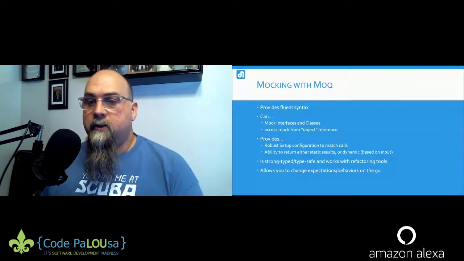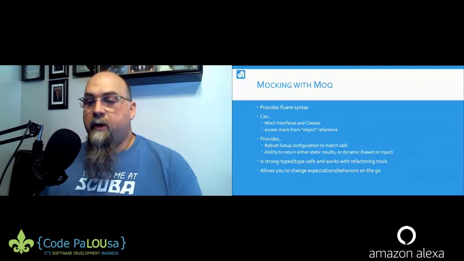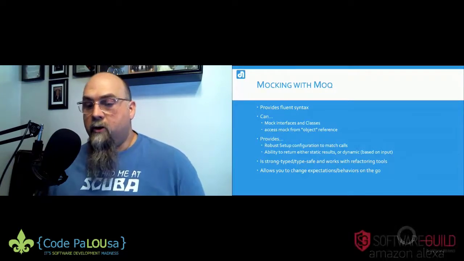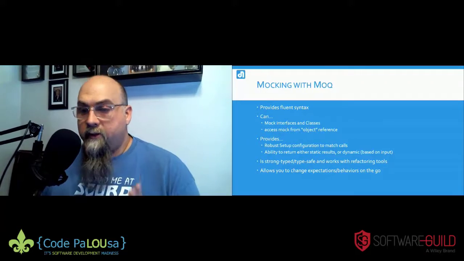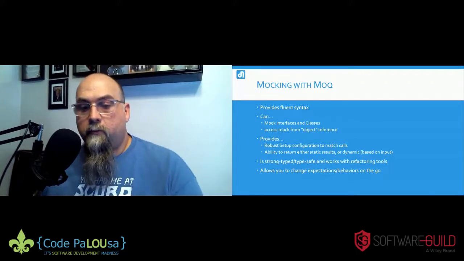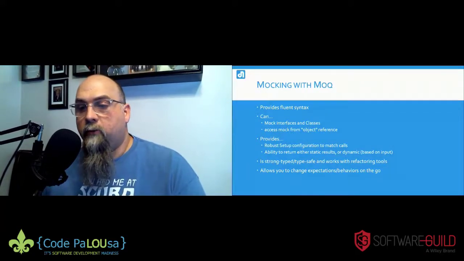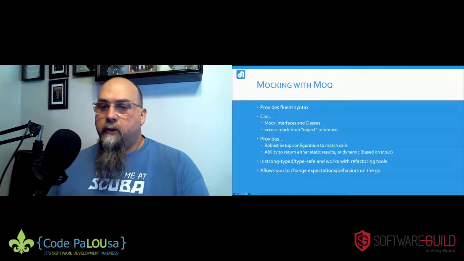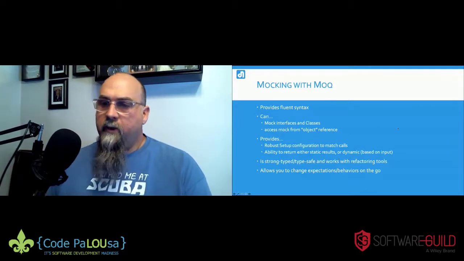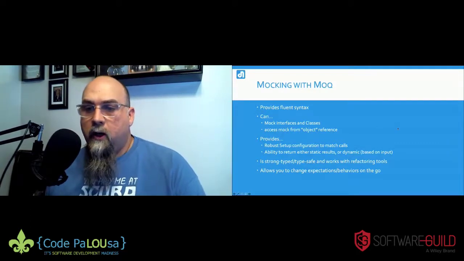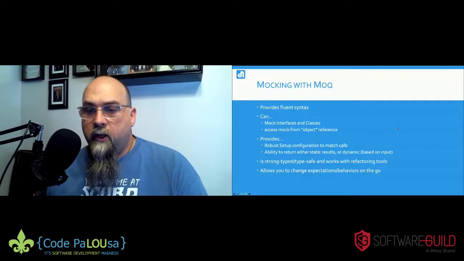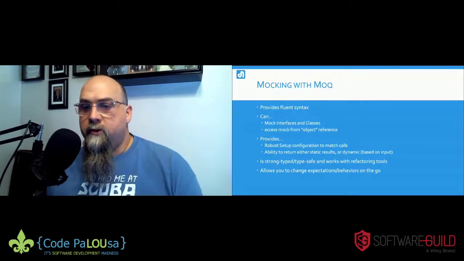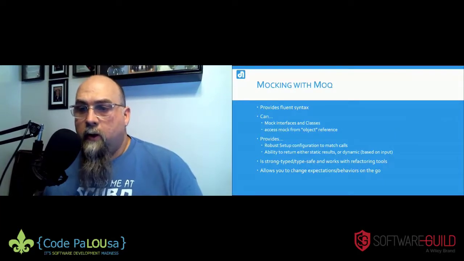Static in the sense that it returns a known set of results, but dynamic in the sense that one service call can be called multiple ways and return the expected result based on what was called into it. I also like it because it's strongly typed, so when you refactor, it's going to catch all your mock usages as well.